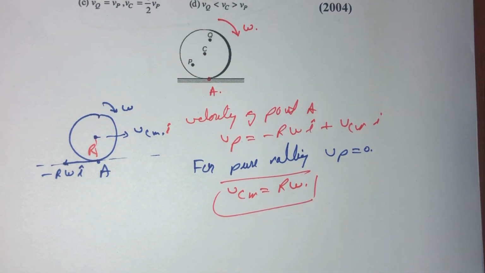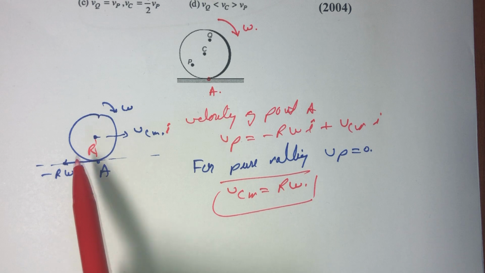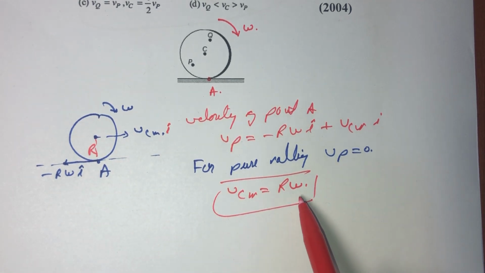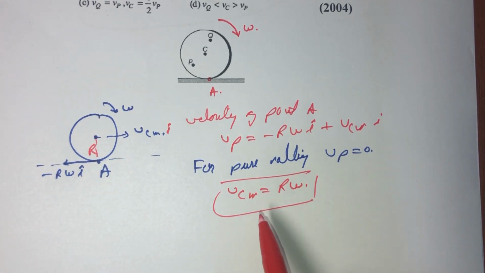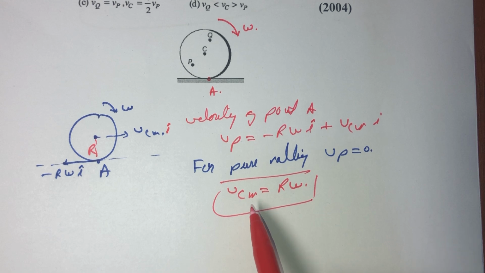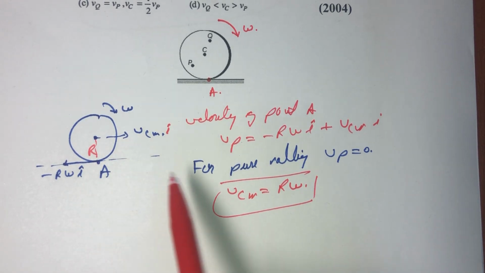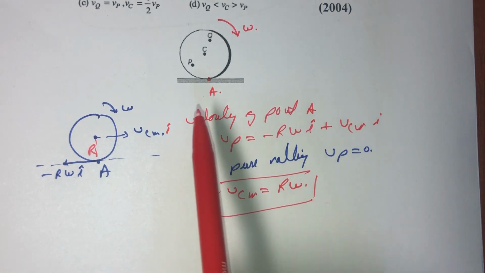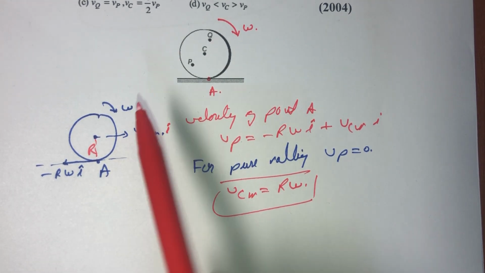So the velocity of center of mass is the product of the radius, or rather the perpendicular distance, and the angular velocity. This is specifically for the center of mass. Similarly, we can calculate for any point in the circular disk.